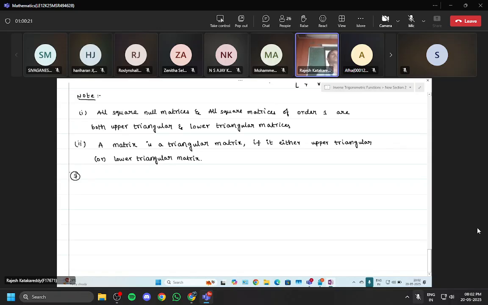So in the seventh type of matrix we are seeing diagonal matrix. I want to ask Mr. Gautaman, can you tell me the minimum number of zeros required for a diagonal matrix of order n? If it is an order 1 square matrix, how many zeros do I need at minimum to make that a diagonal matrix?